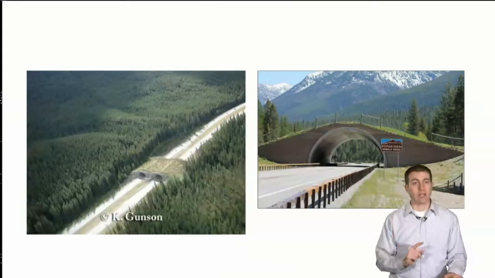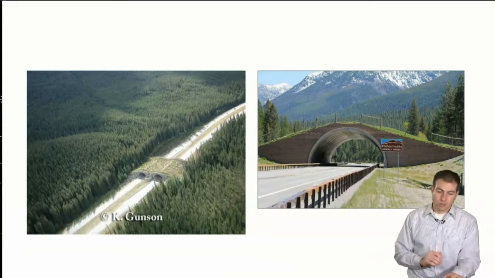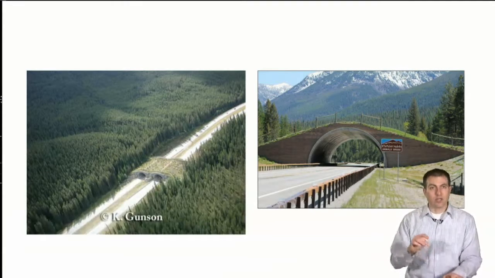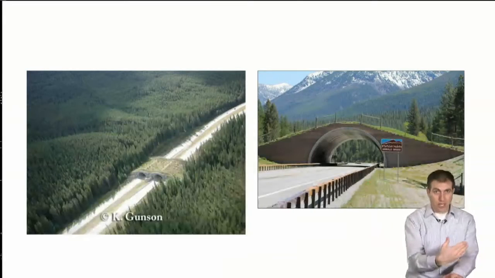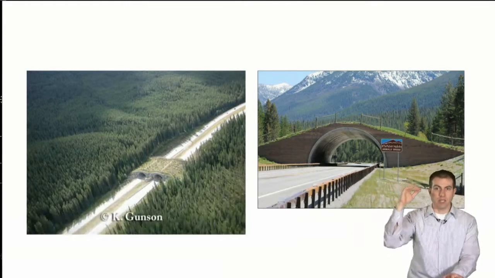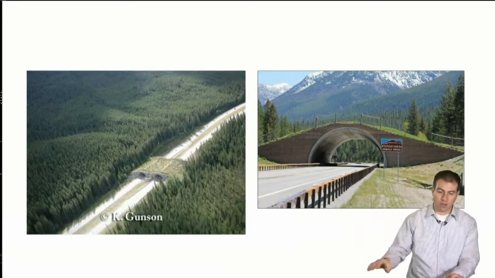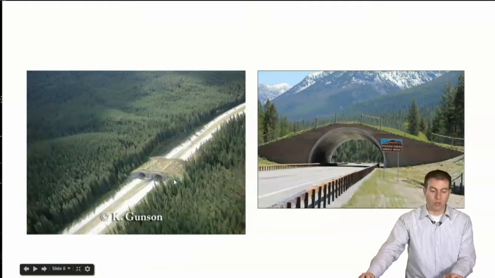So the Okanagan Connector has these, and these are some other examples. Next time you drive to Vancouver or to Merritt or whatever, there's a couple bridges over top of the highway, and there's a couple tunnels under the highway, and there's no roads on the tunnels. There's nothing above it. It's just grass and ground. So what they've done is they've taken a fragmented habitat with a road going through it, and they have these animal overpasses.